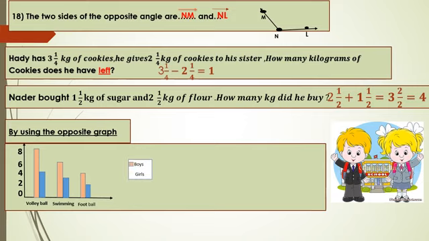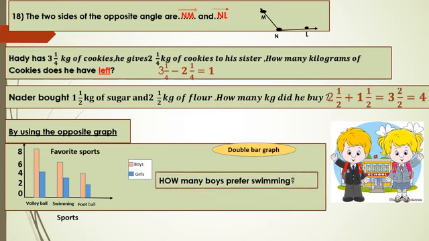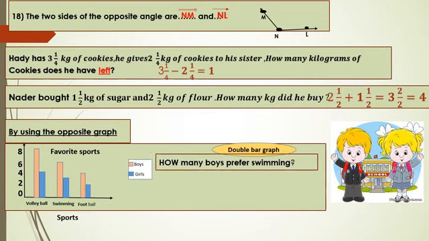So, we want to answer these questions from the double bar graph. The first question, how many boys prefer swimming? Look at the double bar graph. We get 6 boys. So the answer is 6.